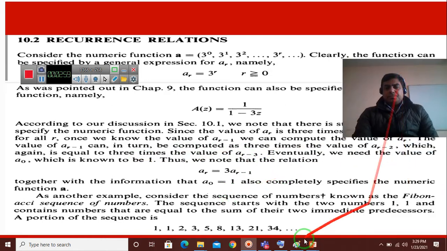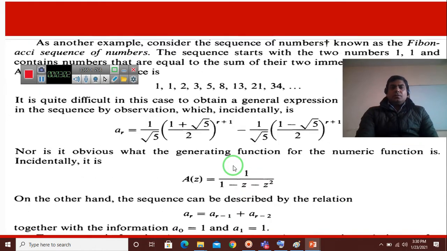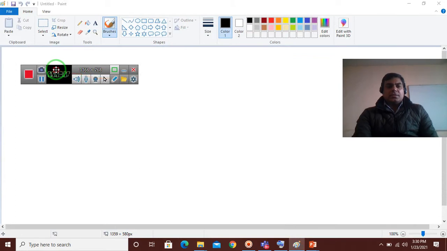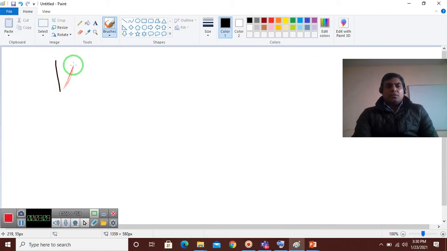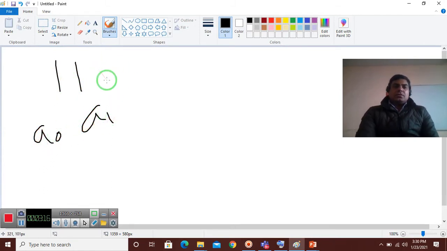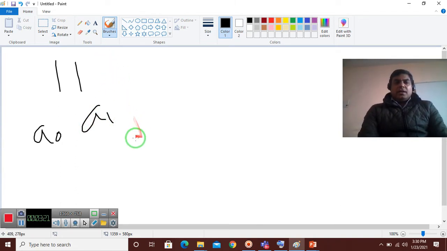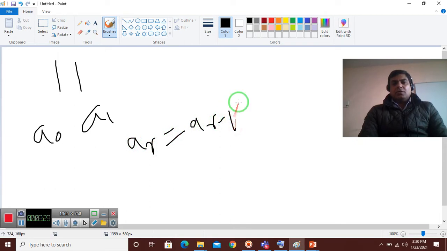If we have the two basic numbers a0 and a1, both 1, then we can find a2. For a2 we have the relation ar equals ar minus 1 plus ar minus 2.